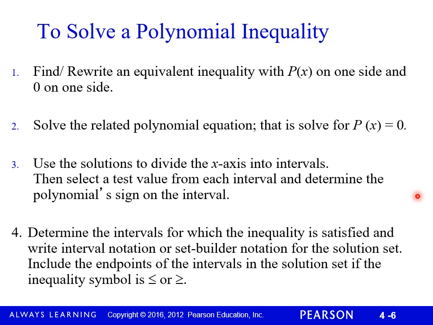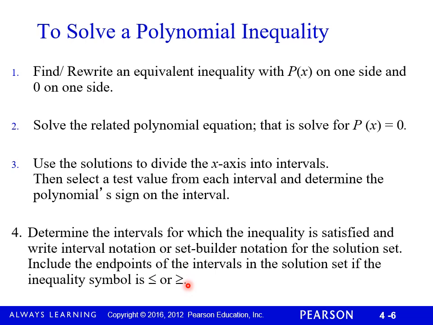Remember to include the zeros in the solution set if the inequality symbol is less than or equal to or greater than or equal to, okay? Remember to include them when you have the greater than or equal to or less than or equal to. If it's just less than or greater than, we don't add those zeros, remember? Because 0 is where it crosses the x-axis and the function equals 0.